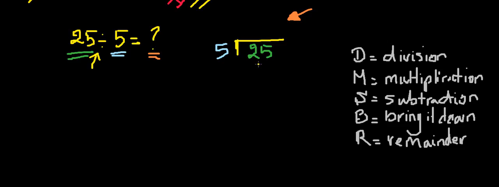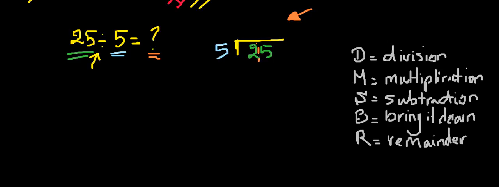If you want, you could draw an imaginary line over here, because you're only looking at the number 2. You're not going to worry about the ones place value. You could put your finger on 5 and just look at the 2. So you're going to ask yourself, how many times does 5, the divisor, go into 2?